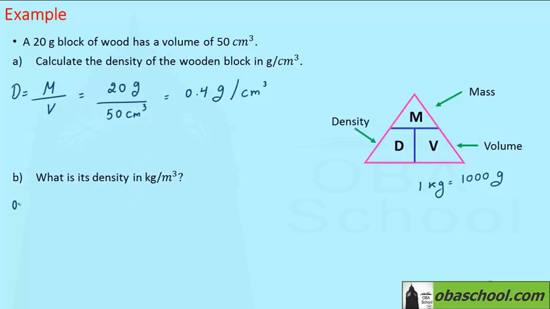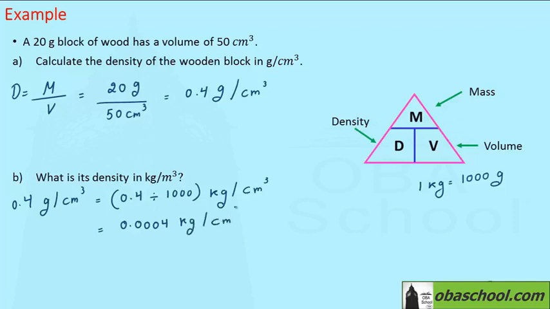So 0.4 grams per cubic centimeter is equal to 0.4 divided by 1000 kilograms per cubic centimeter. At this stage, we're only converting mass, so volume is still in cubic centimeters. This is equal to 0.0004 kilograms per cubic centimeter.